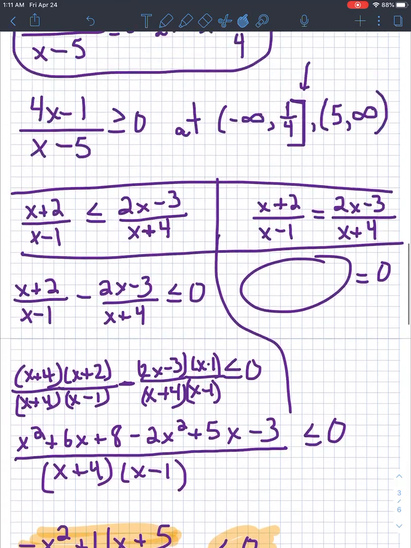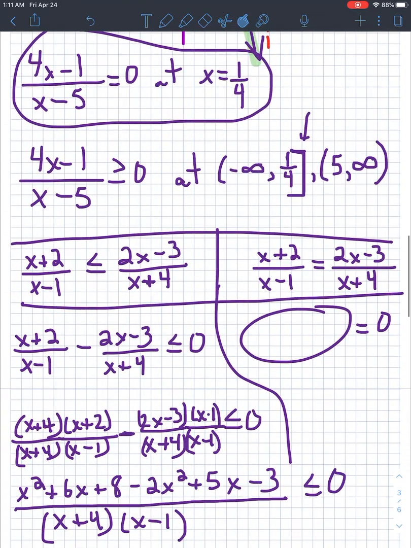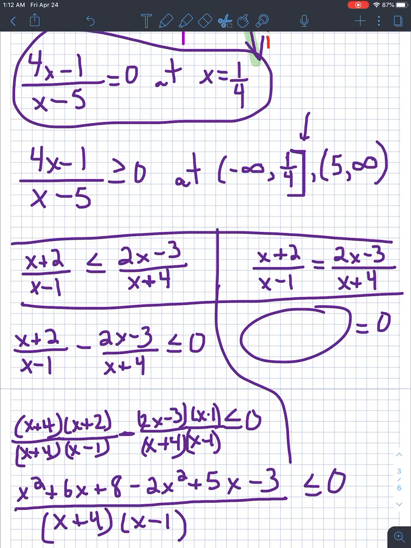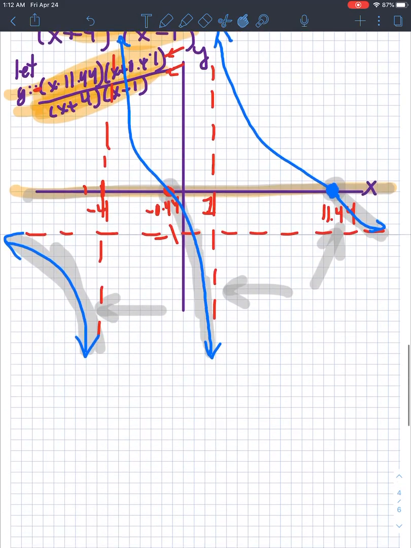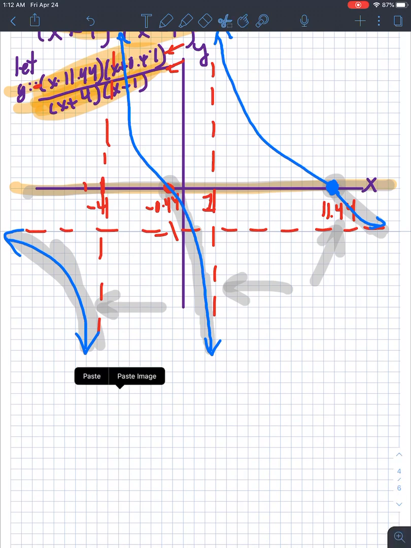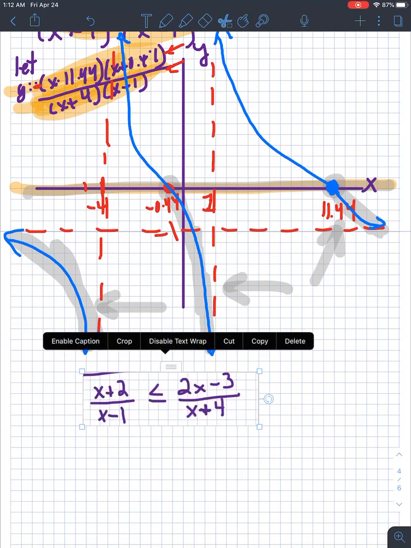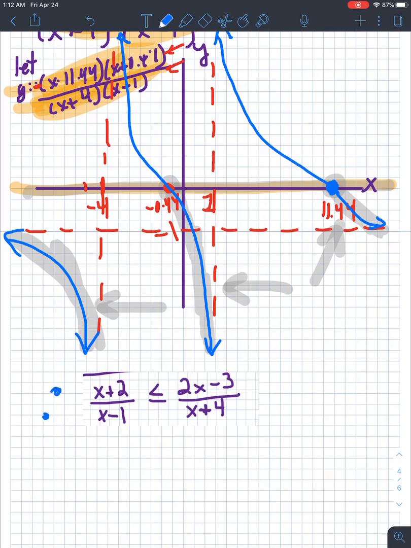Where's my original question? Okay, this is the original question we're trying to answer. So I'm going to say, therefore, this is true whenever it's less than or equal to 0.